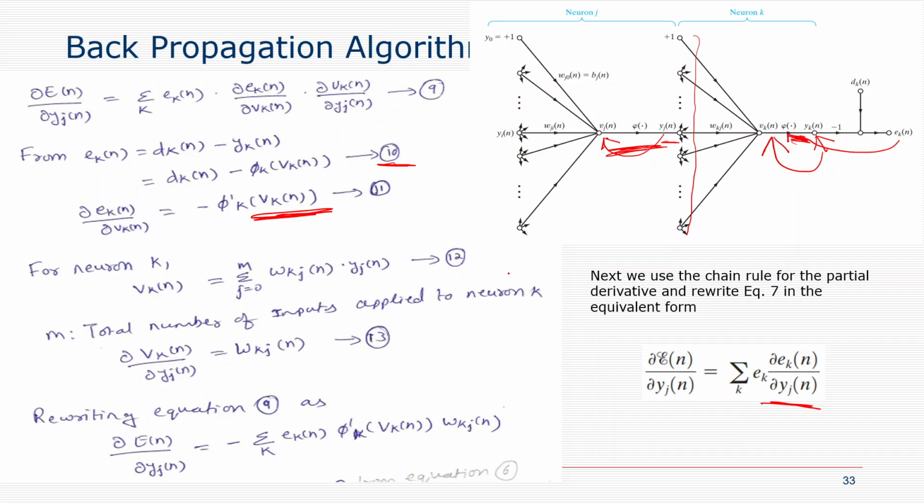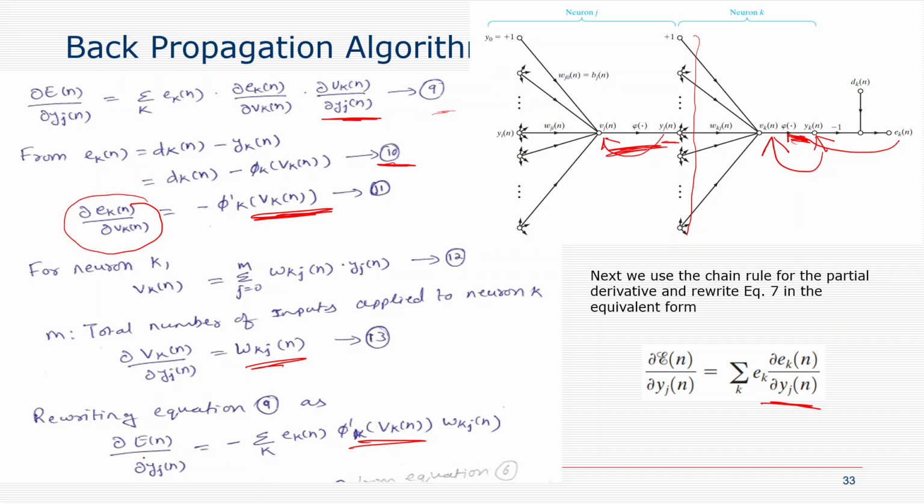And now rewriting this equation 9, this becomes negative, because here we got this negative symbol, and then Ek of n will remain, and then this term value we will substitute here, and similarly this term value we got as wkj of n, that we will substitute.